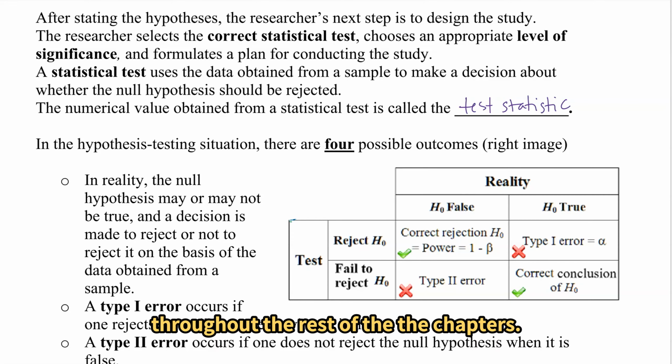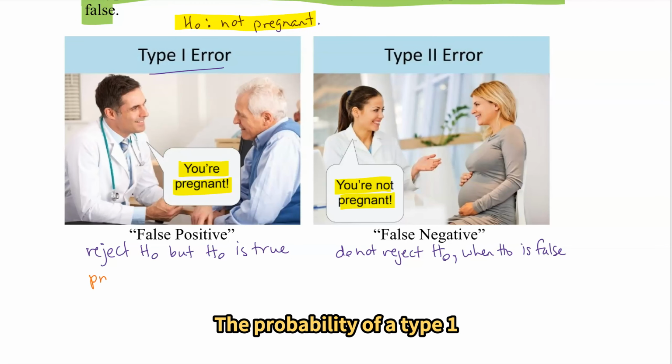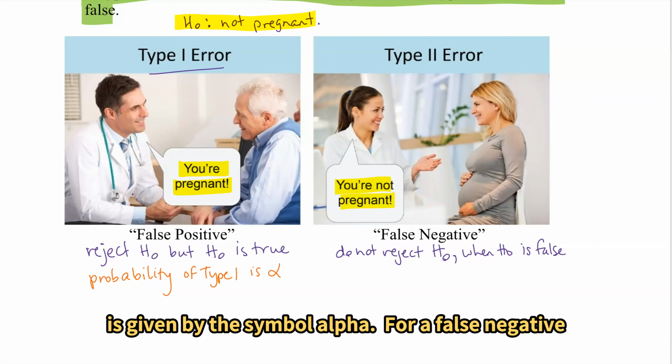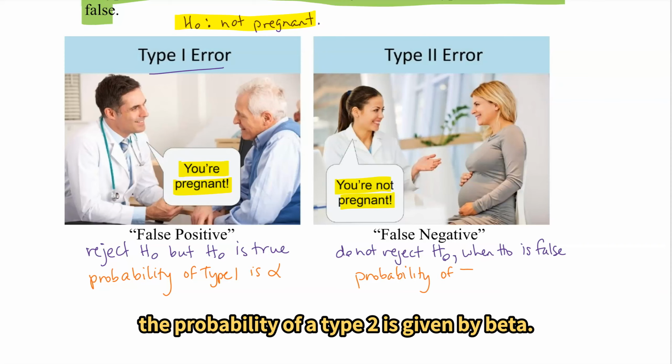One thing that we can directly control is the probability of a type 1 error. The probability of a type 1 error happening is given by the symbol alpha. For a false negative, the probability of a type 2 error is given by beta.